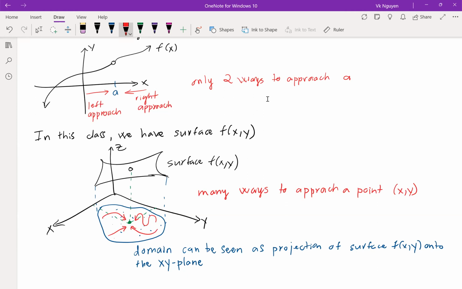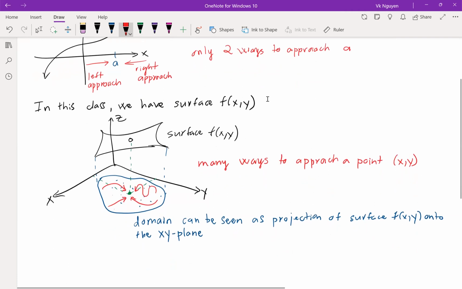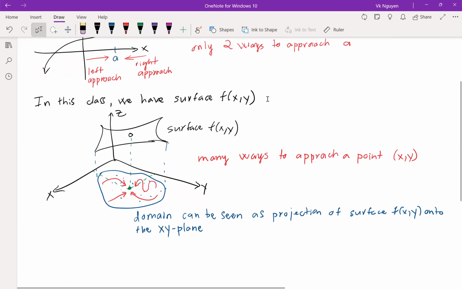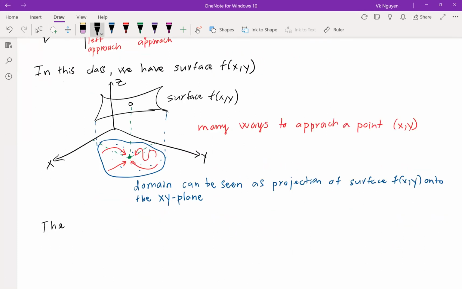Meaning that in order to show that the limit exists, you got to show that all the ways that you approach, it doesn't matter how many ways, you got to show all of them. The limit has to be the same. To show the limit does not exist, do it this way, it's easier.